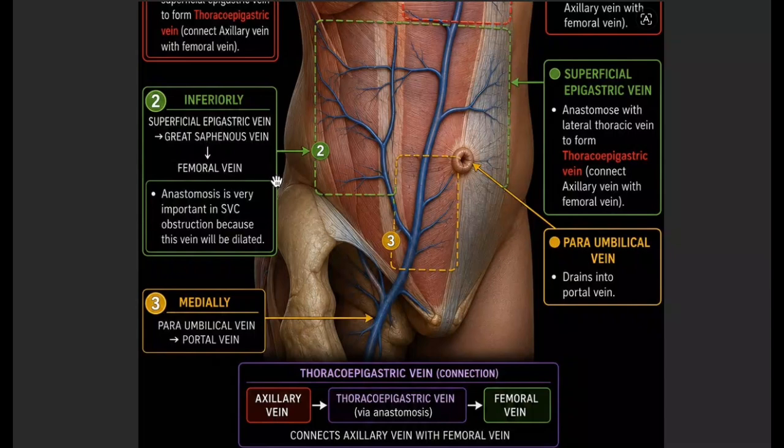And a few small veins, the paraumbilical veins, connect the network through the umbilicus and along the ligamentum teres to the portal vein. That means these short paraumbilical veins radiate out from the umbilicus, and then they follow along the ligamentum teres. We have studied the ligamentum teres in the embryology of the abdomen, and we will also study it in the peritoneum.